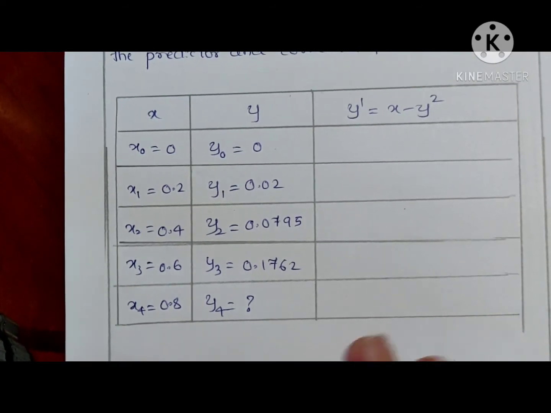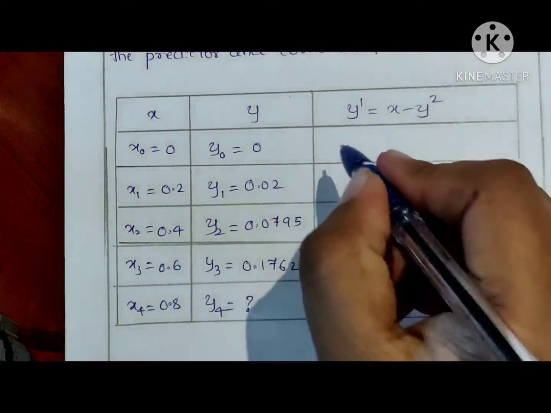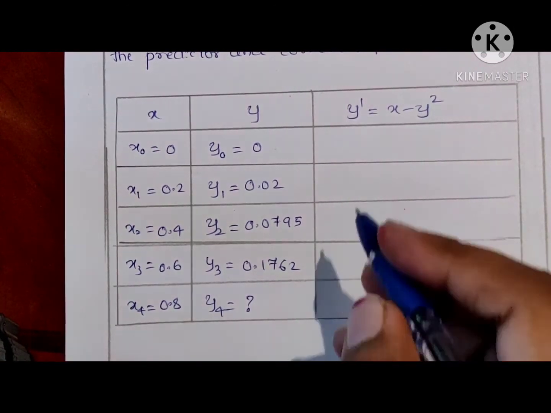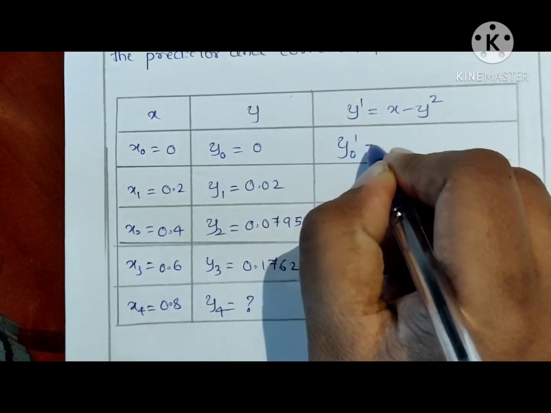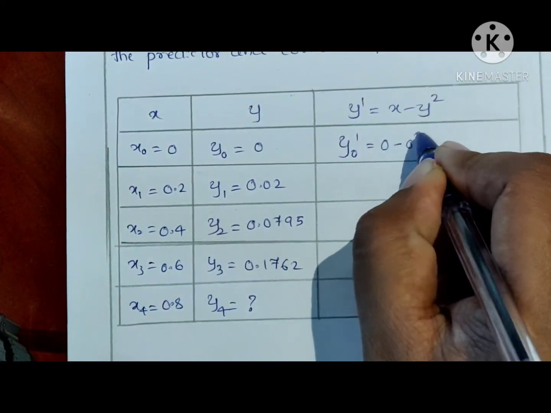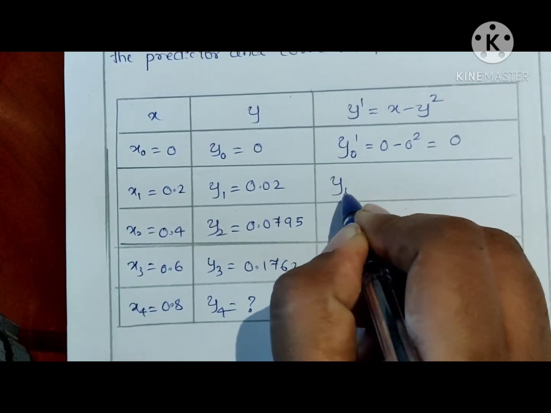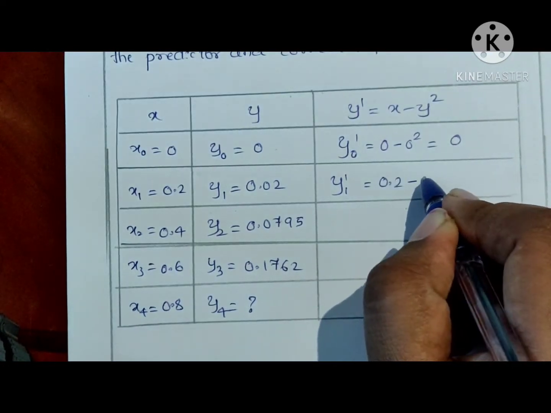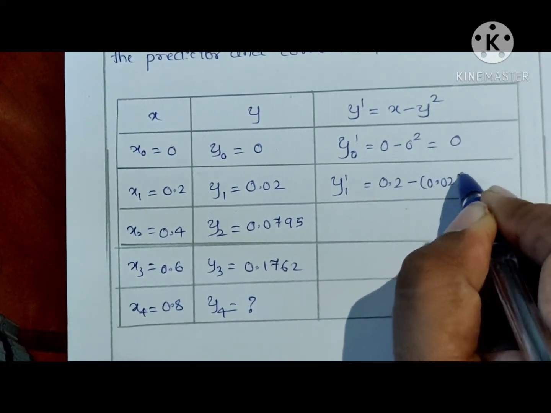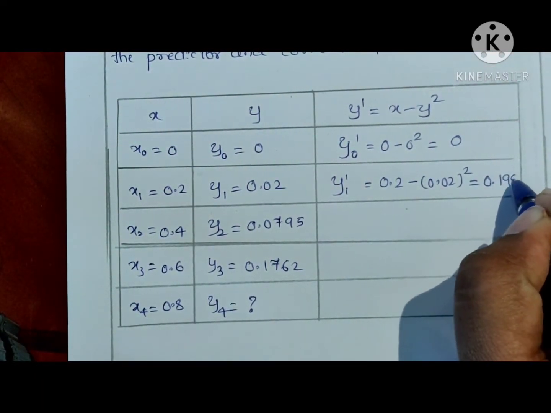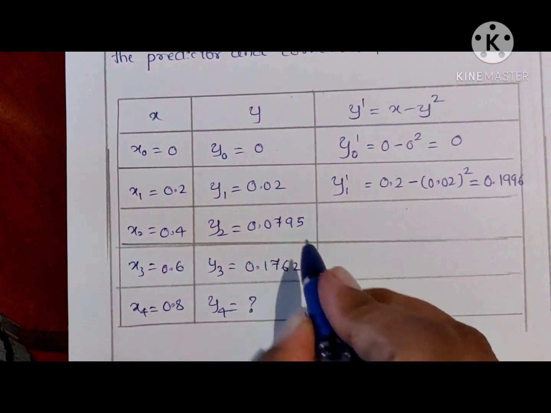Using this, we are going to find y dash now. y0 dash: just substitute x0 and y0. x0 is 0 minus 0 square, so it is 0. y1 dash: x1 is 0.2, minus y1 square, 0.02 square. When you simplify it, you will get 0.1996.